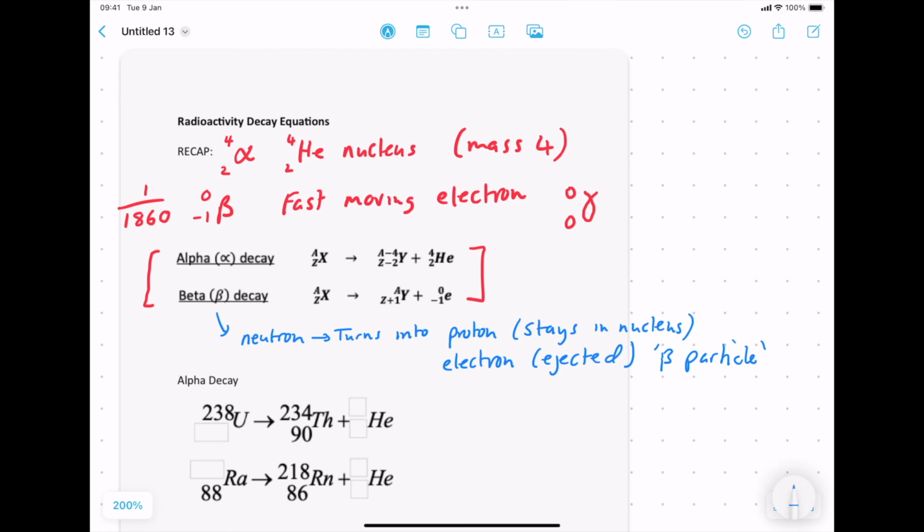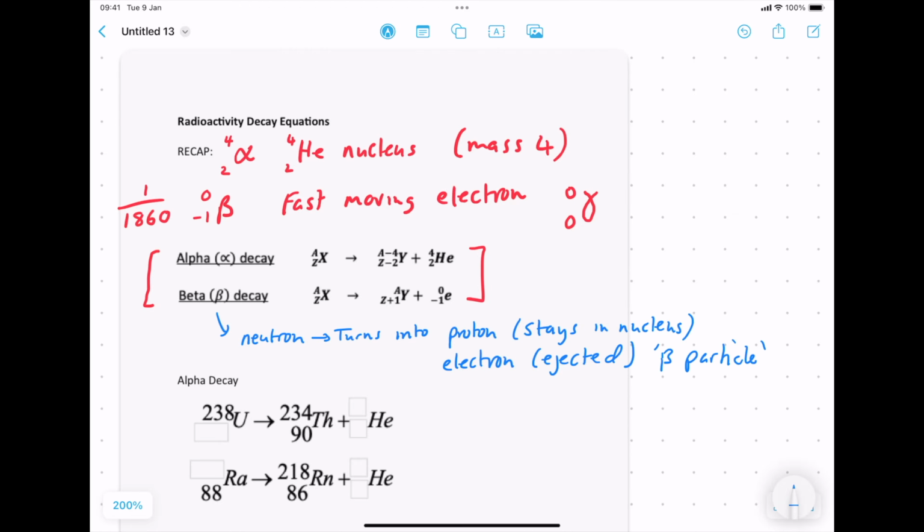Right, finally, we have an element Tc, technetium. And for this, you're going to need your periodic table, where we can work out what it's going to transform into, say, for both an alpha decay and a beta decay. So let's take a look at that. So one of the radioactive isotopes of technetium is technetium-99. And let's just say in the first instance, it undergoes a beta decay.